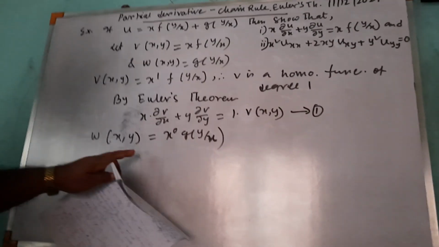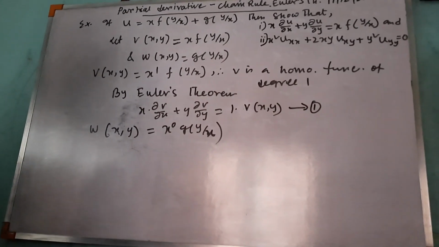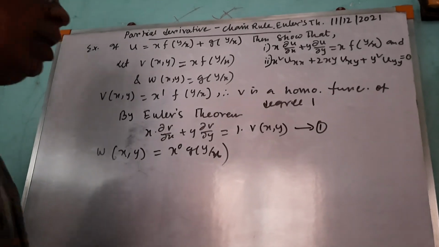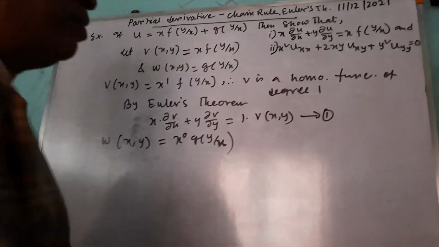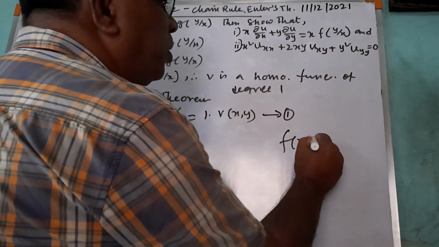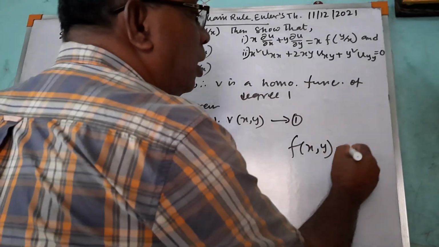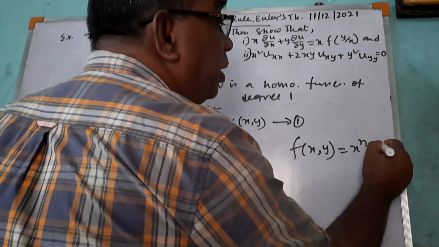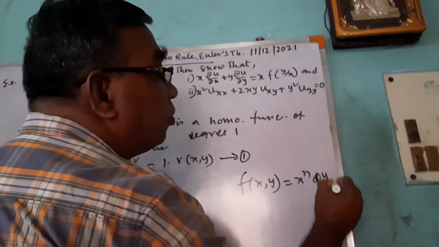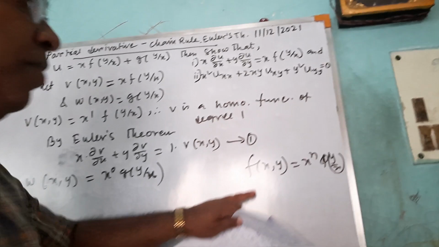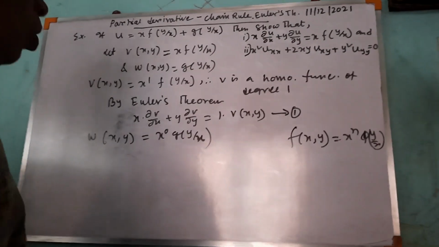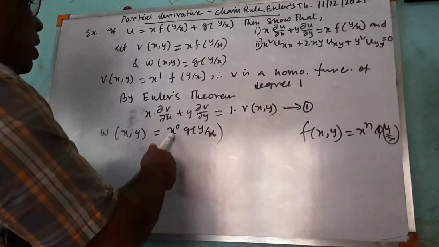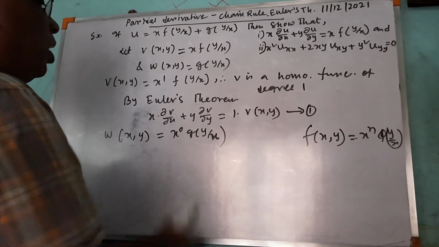As you know, if f(x,y) is a homogeneous function of degree n, then f(x,y) can be written as x to the power n times phi(y/x).